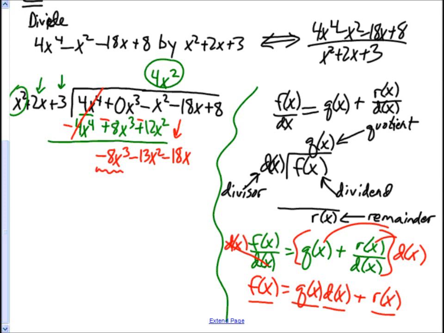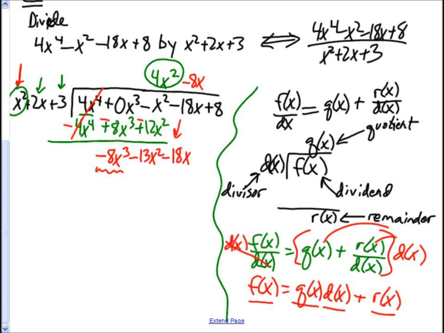So I say, what times x squared gives me negative 8x cubed? I say, oh, negative 8x does. So I replace my question mark here with negative 8x.